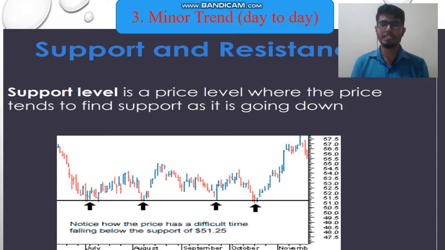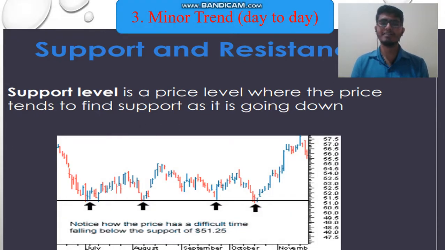In the minor trend, the stock prices of one particular day are considered, and in the stock market the regulatory authority is fixing some levels. Those levels are the support level and the resistance level. What is the support level?